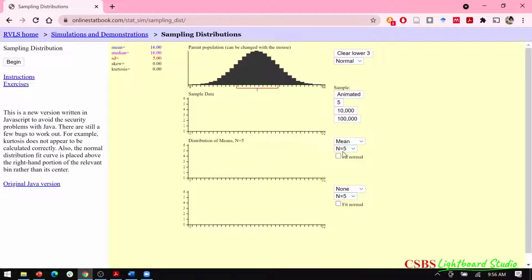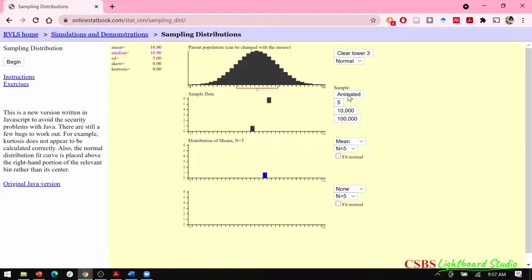Right now, this is just an n of 5. If I say animate, it's going to drop 5 scores. These are the scores being pulled from this distribution, and then it calculates the mean of those 5 scores and drops the mean down here.